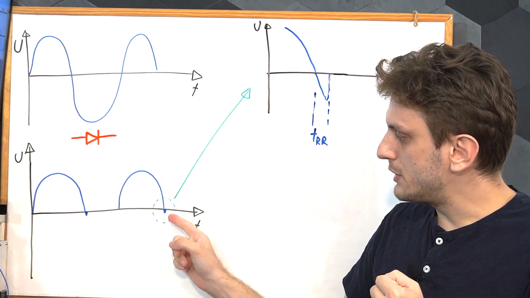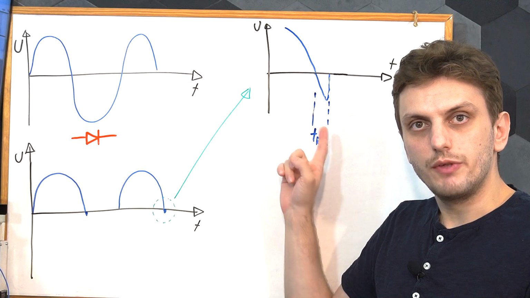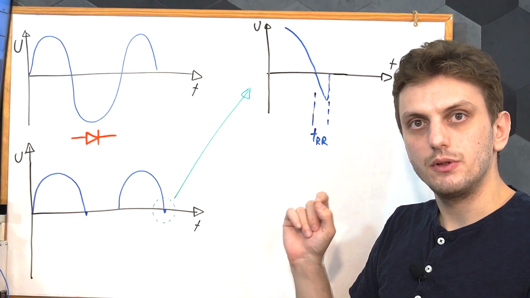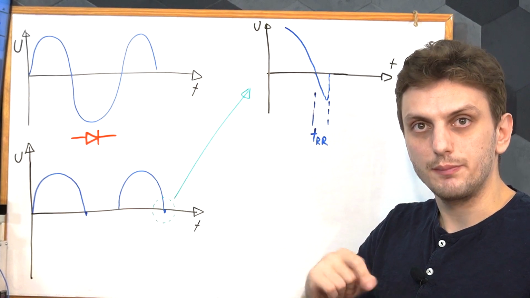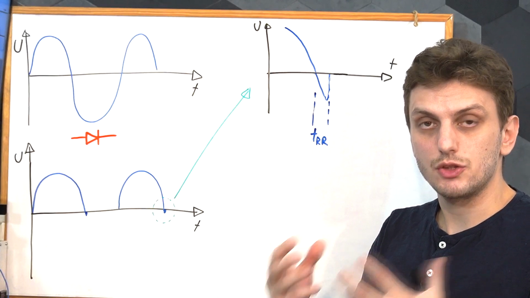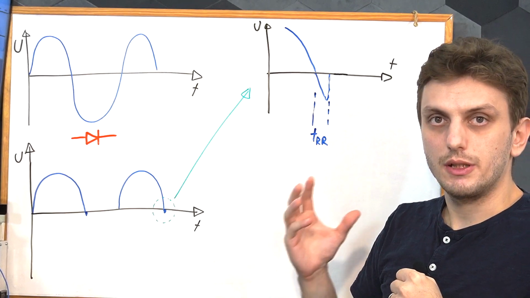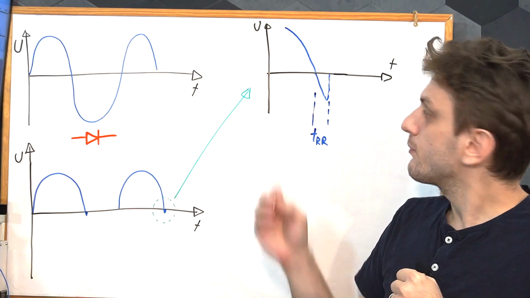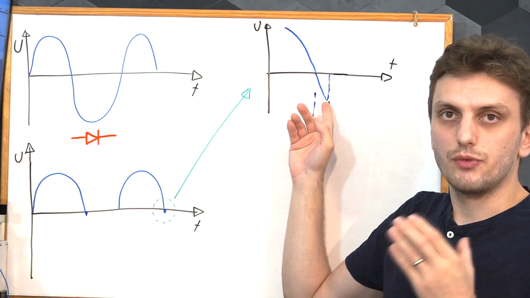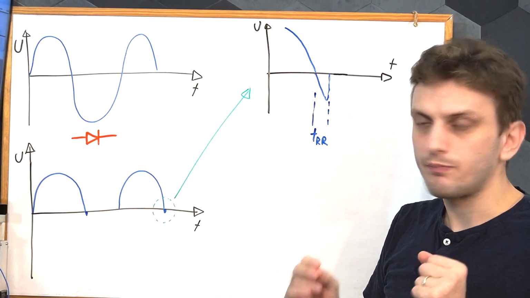And that's exactly what happens when you go from a positive to a negative voltage. For a very short amount of time, the diode will be conducting the other way. And the time it takes for the diode to stop conducting is called the reverse recovery time. And based on how much capacity the diode junction has, the transition from conduction to non-conduction will be more or less sharp.